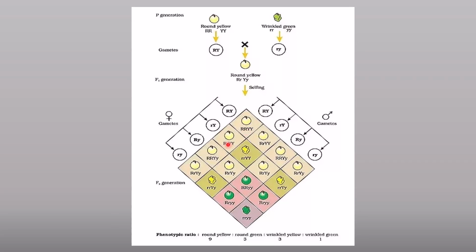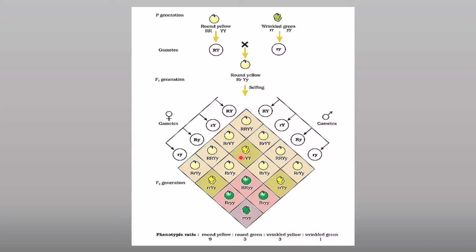Now coming to the genotypic ratio, 1 out of 16 progenies was double homozygous, producing the double dominant character, and 2 of them had one gene pair heterozygous and the other homozygous, but producing both dominant characters, that is round yellow. One of the 16 progenies had one recessive character and one dominant character. Here the two recessive alleles give the wrinkled character, and capital Y and capital Y give the dominant character.